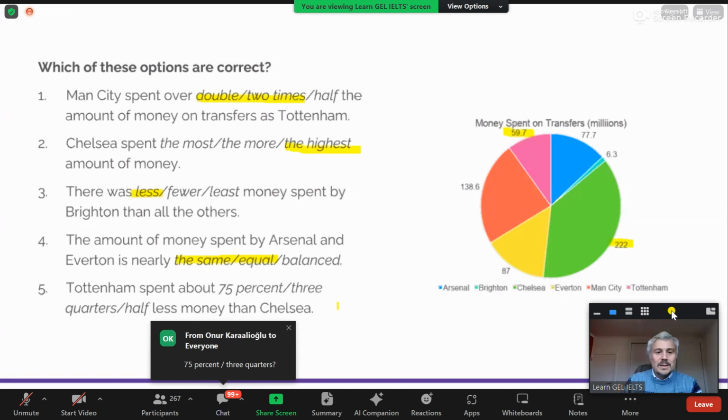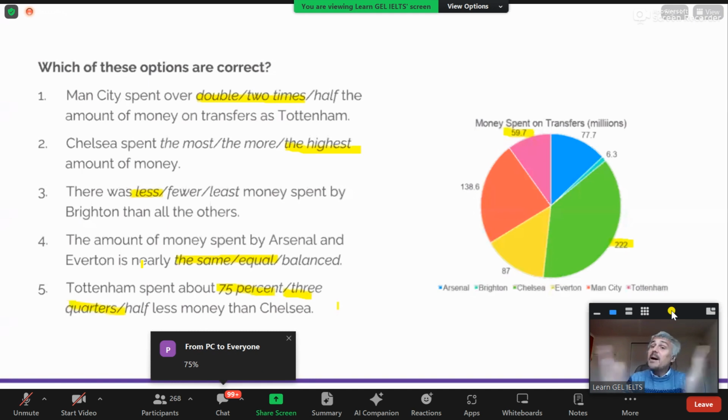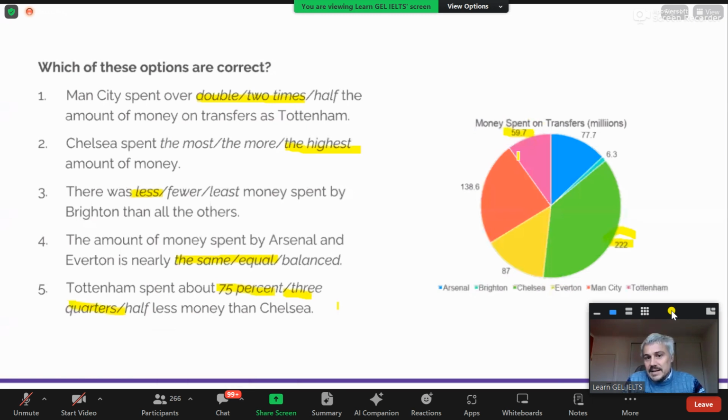Well done, guys. Well done. We can use 75% or three quarters. They are the same. Tottenham spent less, so it's not half because look at these numbers. There's a big difference. It's more than half, it's 75%.